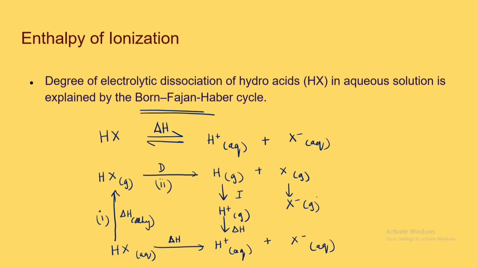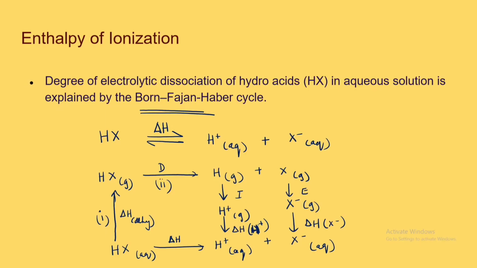And here we have this E, which is nothing but the electron affinity. And now this X minus in the gaseous state should be converted to X minus in the aqueous state. So this is nothing but delta H. So this is for X minus, this is for H plus, right? So now let us look into each of these one by one.